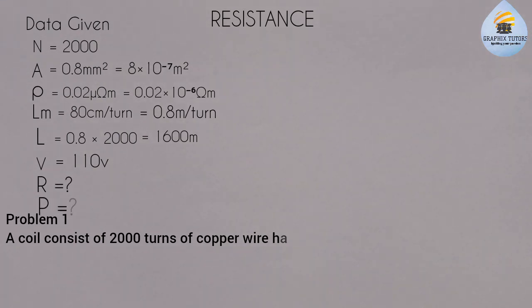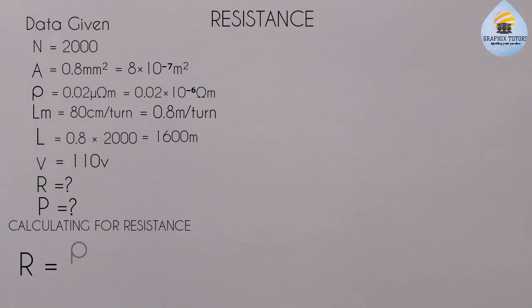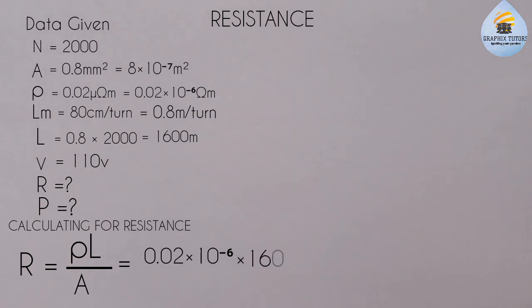Now recall, calculating for the resistance here, we are given the formula that says resistance is equal to resistivity times length all over area. Now the resistivity is given as 0.02 times 10 to the power minus 6, multiplied by the length, which is 1600, divided by the cross-sectional area, which is 8 times 10 to the power minus 7.